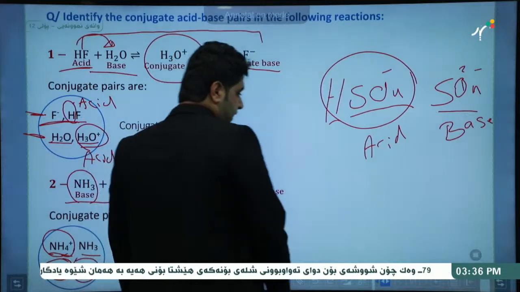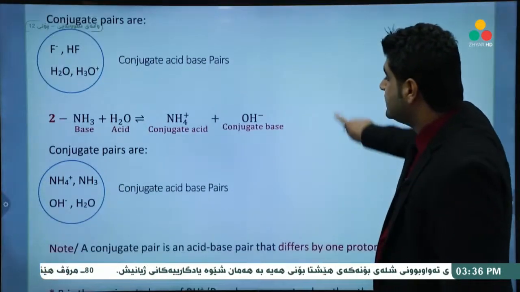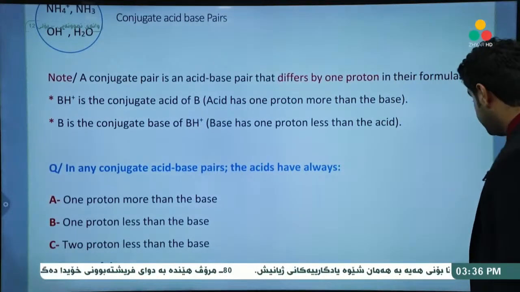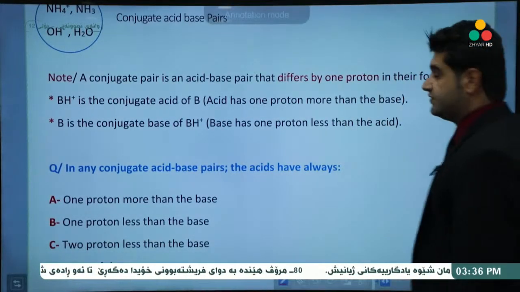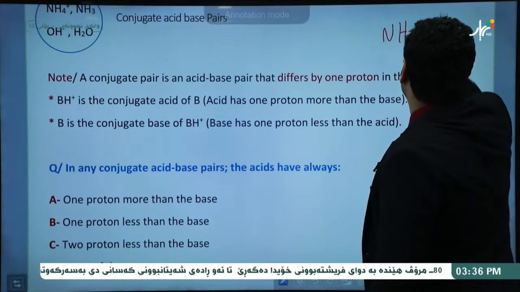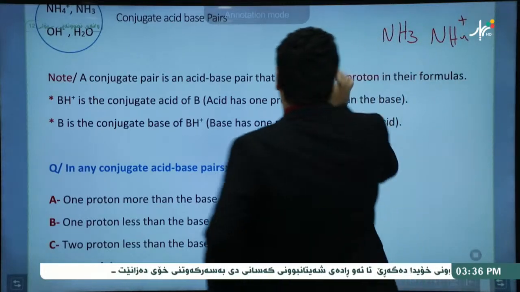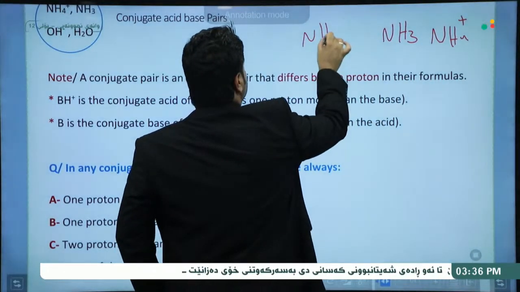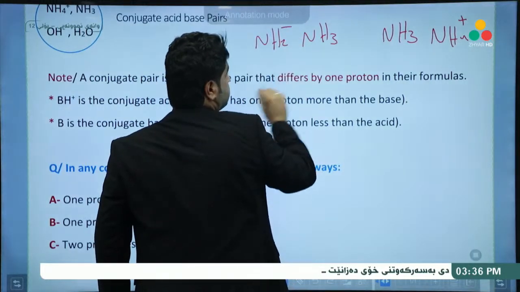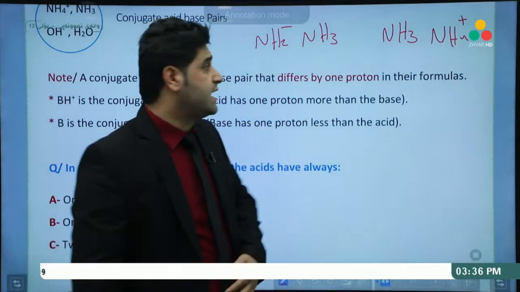Now I'll tell you something, so please don't be confused when you see these pairs: NH3 and NH4, they are a conjugate pair, or NH3 and NH2 negative, they are a conjugate pair. They are different from each other by one hydrogen atom.